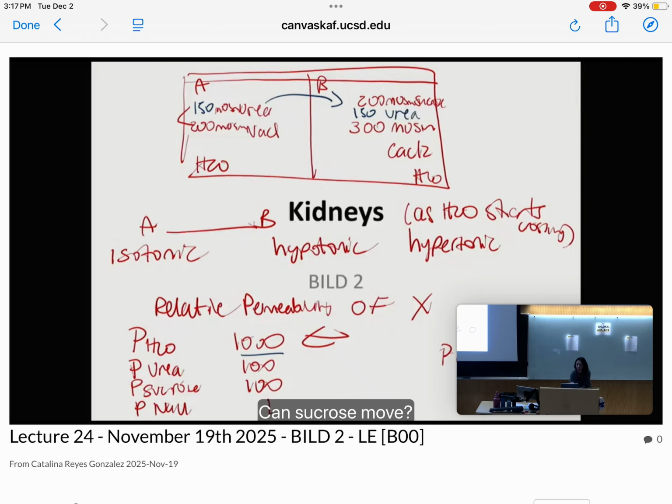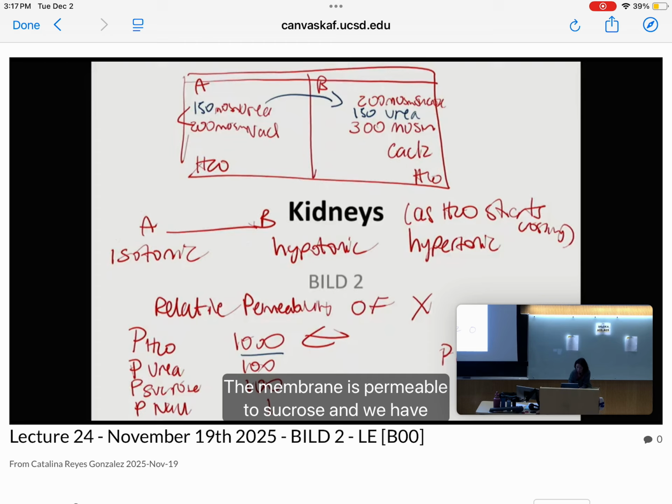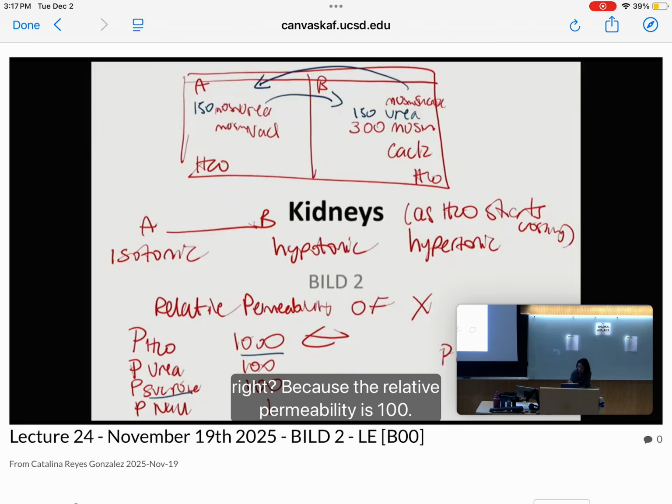Can sucrose move? Yes or no? Yes, right? We have a driving force and we have a pathway. The membrane is permeable to sucrose, and we have sucrose in B but no sucrose in A. So sucrose is going to move from B to A. They move sucrose and urea at about the same rate because the relative permeability is 100.